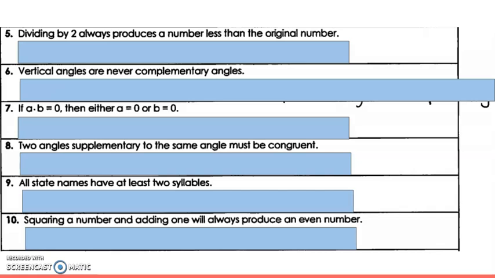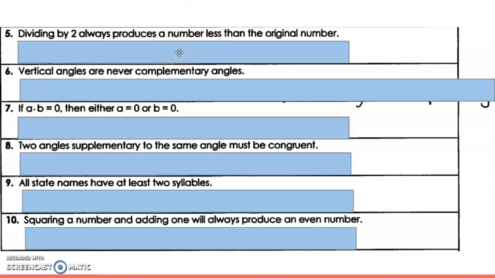So number 5 says dividing by 2 always produces a number less than the original number. So when we think about this, if we look at our positive numbers, then we might think that that statement is true, but we also have our negative numbers. So remember, we have positive, negative, fractions, decimals. We have to think about all of these types of numbers when it just labels it as a number.